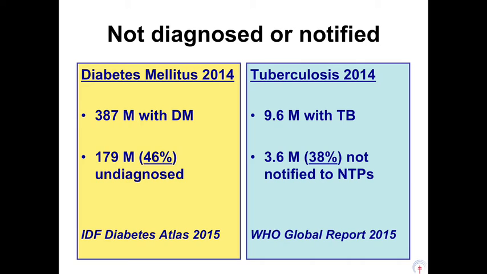They both have something in common. Out of the 400 million people living with diabetes, almost half of them do not know that they have the disease. And similarly with tuberculosis, 38% of patients with tuberculosis in 2014 either were not diagnosed or they were diagnosed but not notified to national TB control programs.